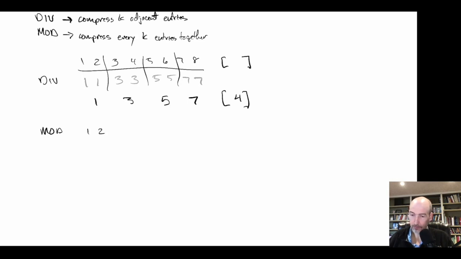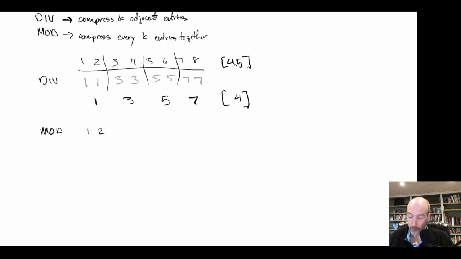So let me just double check that. Yeah, 8 times 9 is 72, divided by 2 is 36, and then I want to divide that by my 8 entries, and so I'm going to get an average value of 4.5. So I've lost a little bit by doing the compression. I've lost on average a half, and you see this for every 2 entries, one of my entries has lost 1.